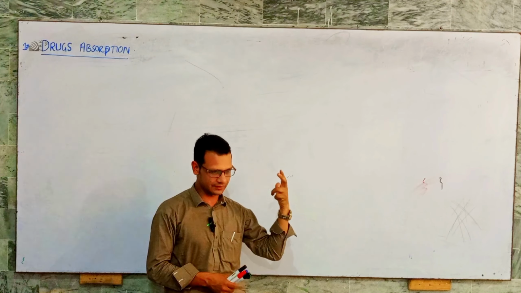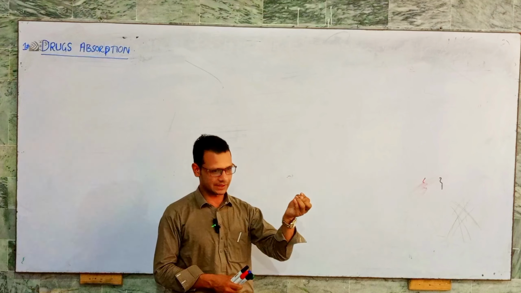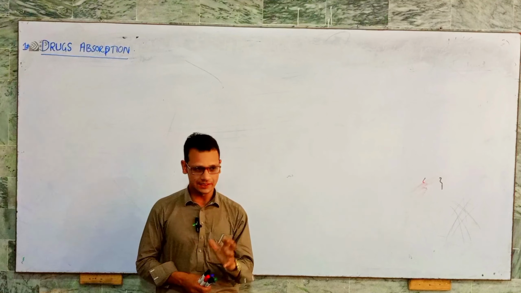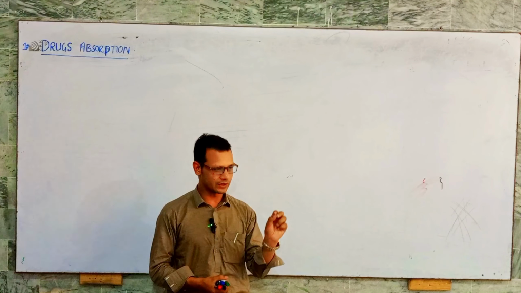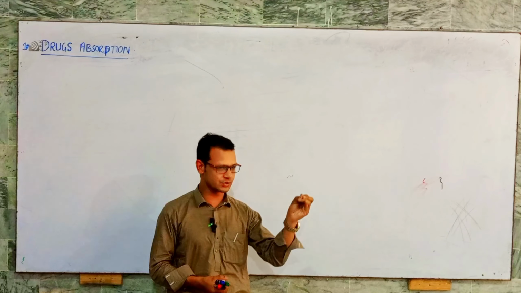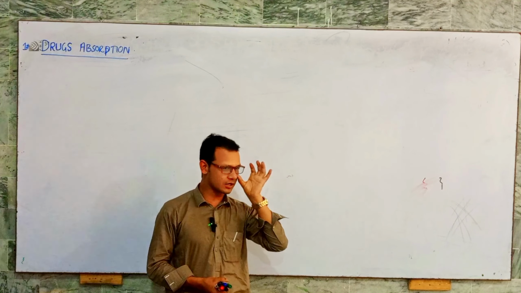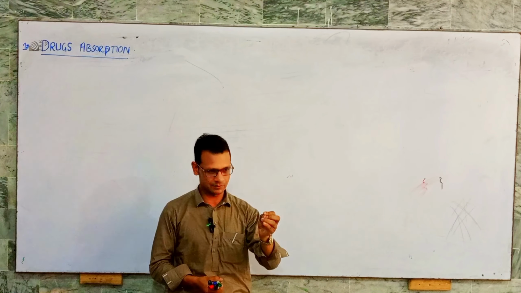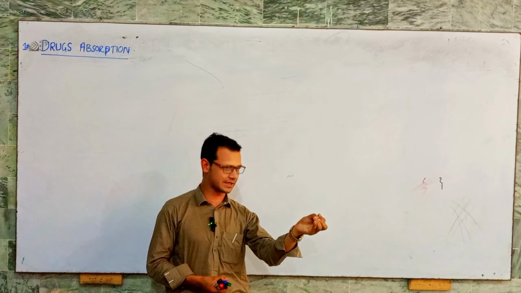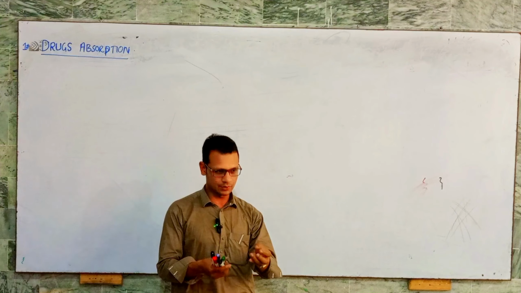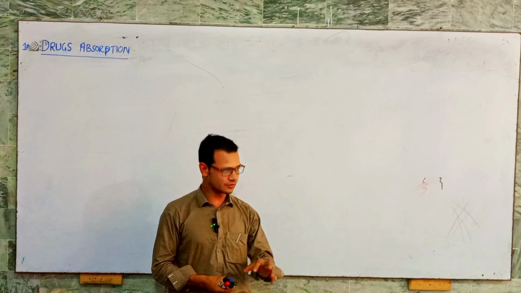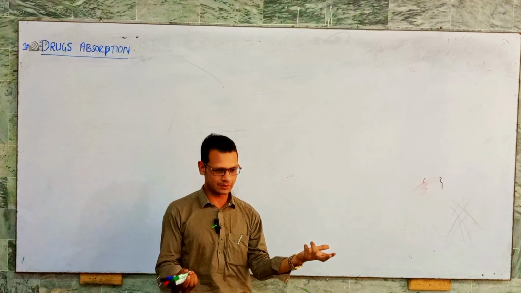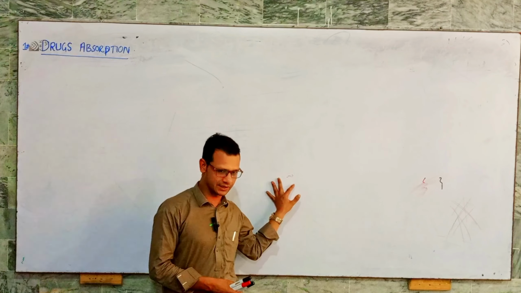In the liver, on the 25th carbon a hydroxyl group is added, which is called 25 hydroxy cholecalciferol, and this is still inactive. 25 hydroxy cholecalciferol travels to the kidney, and in the kidney, in the proximal convoluted tubules, a very important enzyme, alpha 1 hydroxylase, adds another hydroxyl group to the 1st carbon of cholecalciferol, and now the vitamin D is fully activated. So for activation or for metabolism, the drug also moves in the body. So metabolism is also included in pharmacokinetic principles.